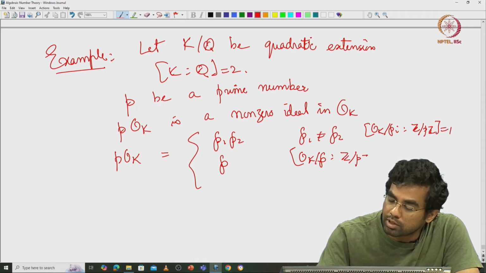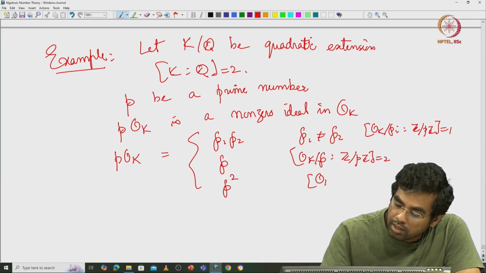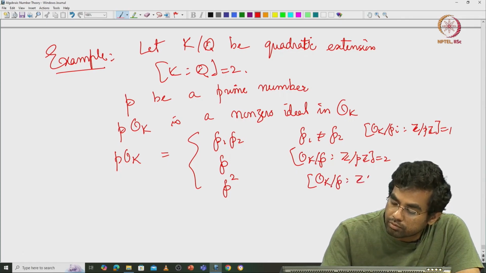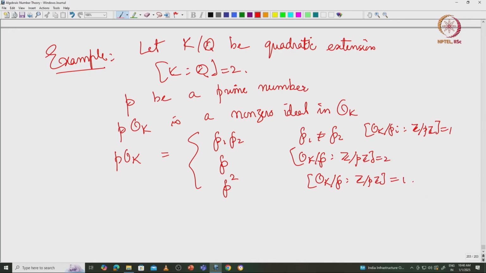Here this degree would be equal to 2, or it could be P squared with again the degree of O_K mod P over Z mod pZ equal to 1. So, there are only these 3 possible cases for this prime factorization. So, you see already this is very powerful. We do not yet have the tools to figure out which case exactly happens for any number field and any prime p, but nevertheless we have already restricted it quite a lot.